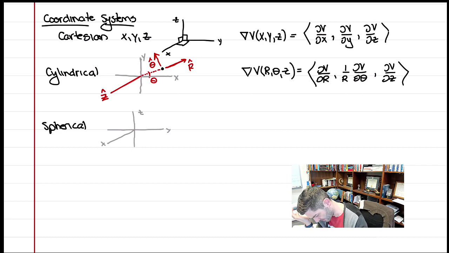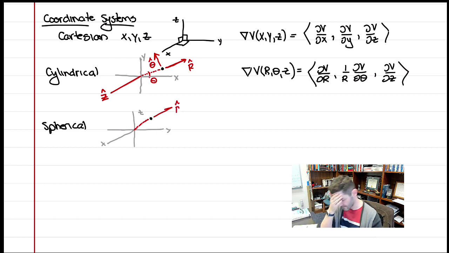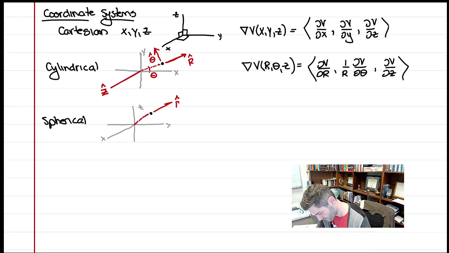If I have some point here, one coordinate that makes sense is a coordinate that points from the origin radially outward to that location. So we can define one axis as pointing in the direction from the origin to that point. That's the radial direction. And we can ascribe a value of r. If r is 3, that means I'm 3 units away from the origin, or what have you.